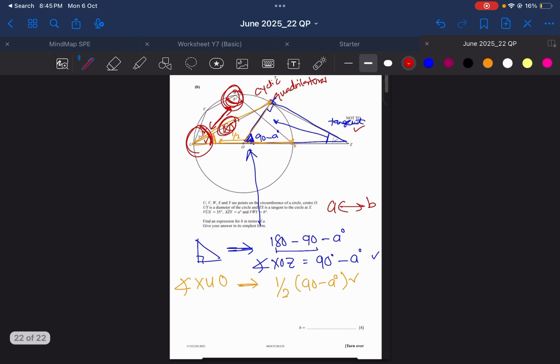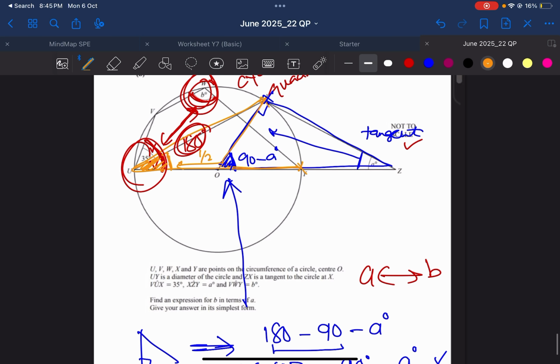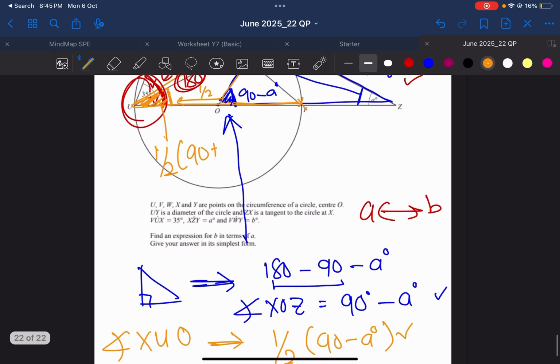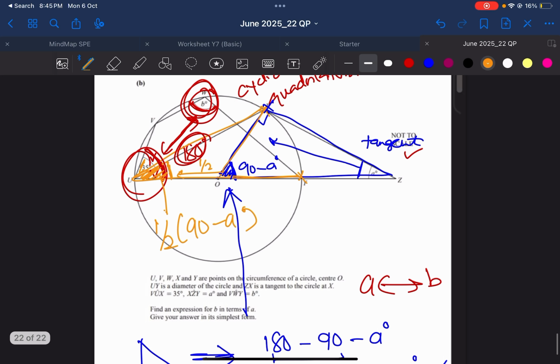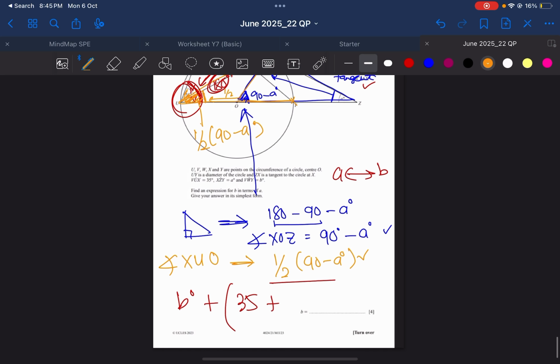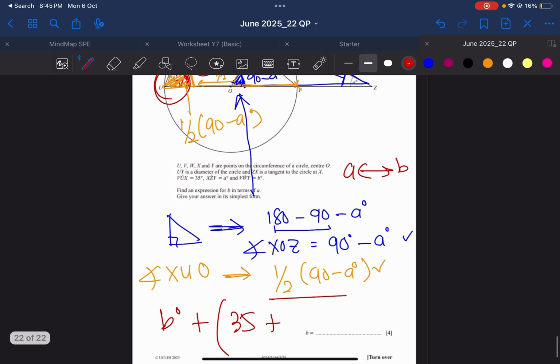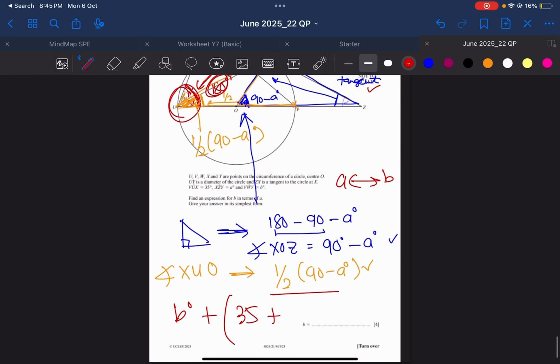It means B plus 35 plus yellow, which is right here, half of 90 minus A. So yellow plus 35 plus B gives 180. Okay, so 35 plus the yellow, 90 minus A over 2, plus B will give me 180.